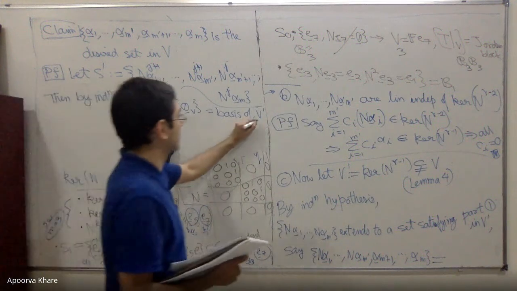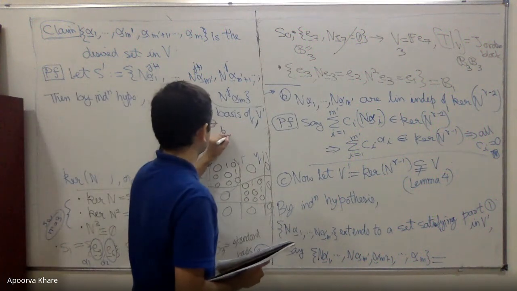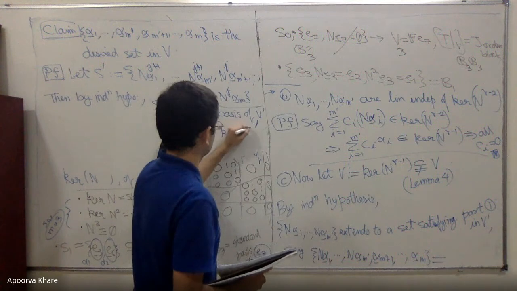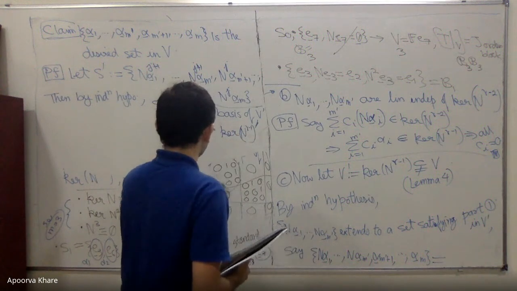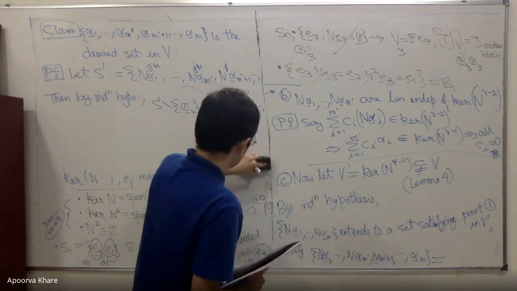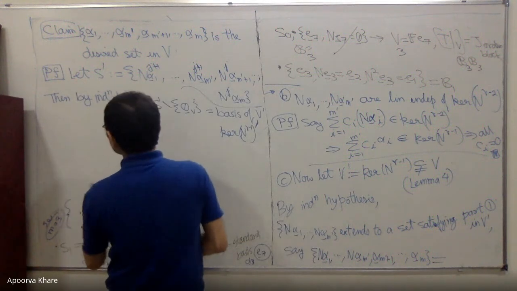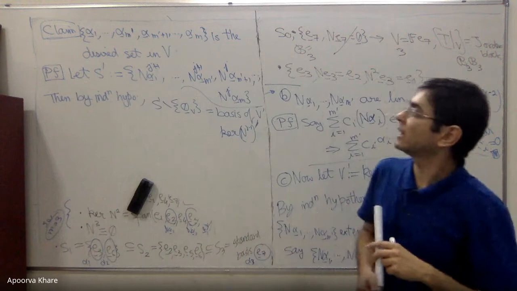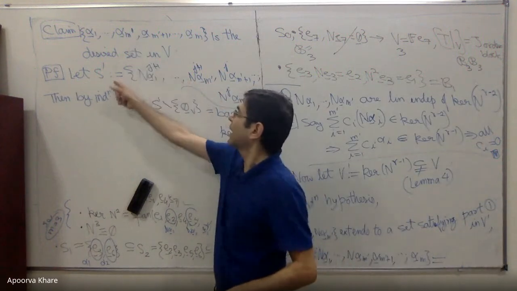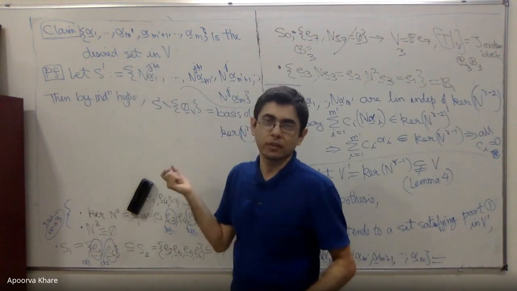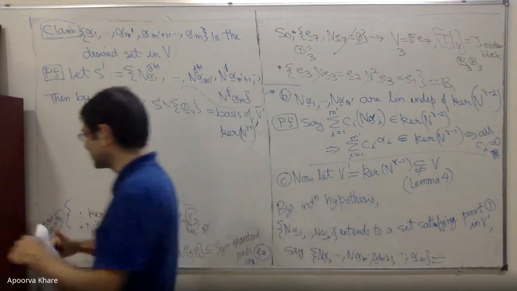And what was V prime? V prime is the kernel of n to the r minus 1. So we just need to show that adding just these extra m prime many elements, alpha 1 through alpha m prime, added to these guys, gives you a basis of V. That's all that needs to be shown.